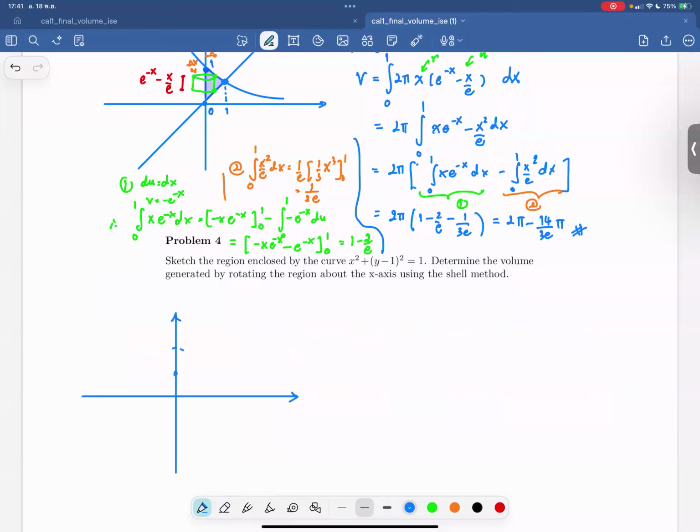So it looks like this. The rotation is about the x-axis, and the cylinder looks like this.